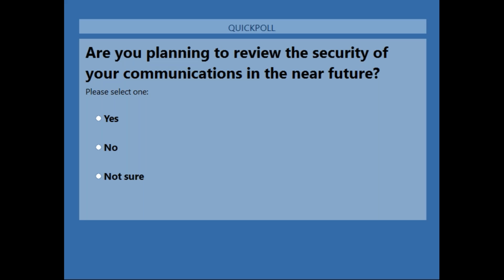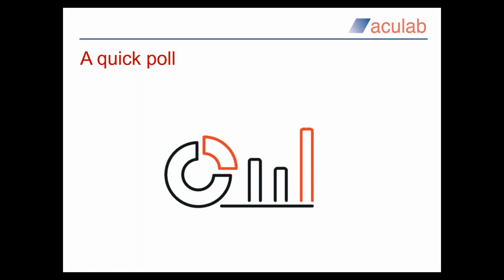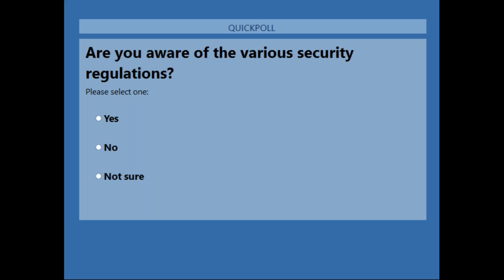Okay, I think we've got most of the votes in for that. And then the next one is, are you aware of the various security regulations surrounding this industry?